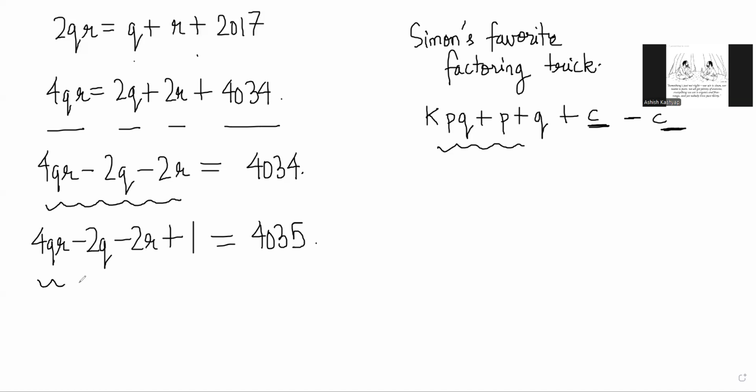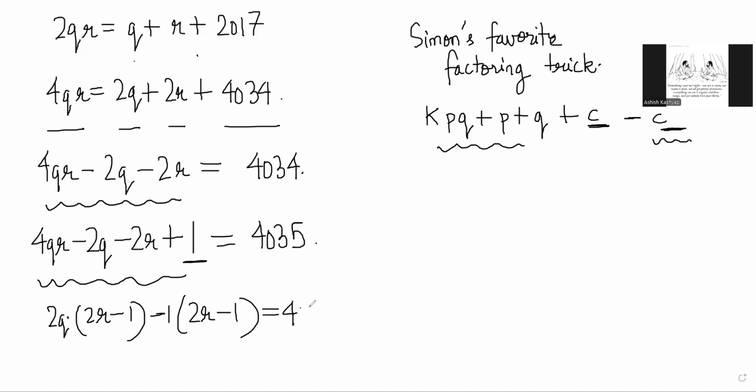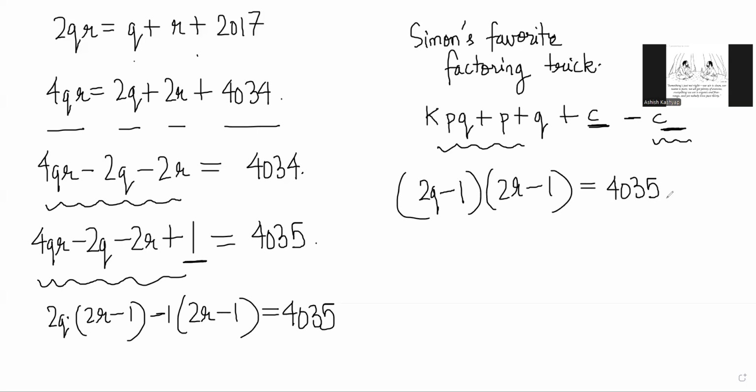This is the factorization trick, that you can add a constant, subtract a constant in order to factorize expressions like this. Now see here, you can take 2Q common, it is 2R minus 1, and minus 1 common, 2R minus 1 is equal to 4035. And therefore we get 2Q minus 1 times 2R minus 1 is equal to 4035.